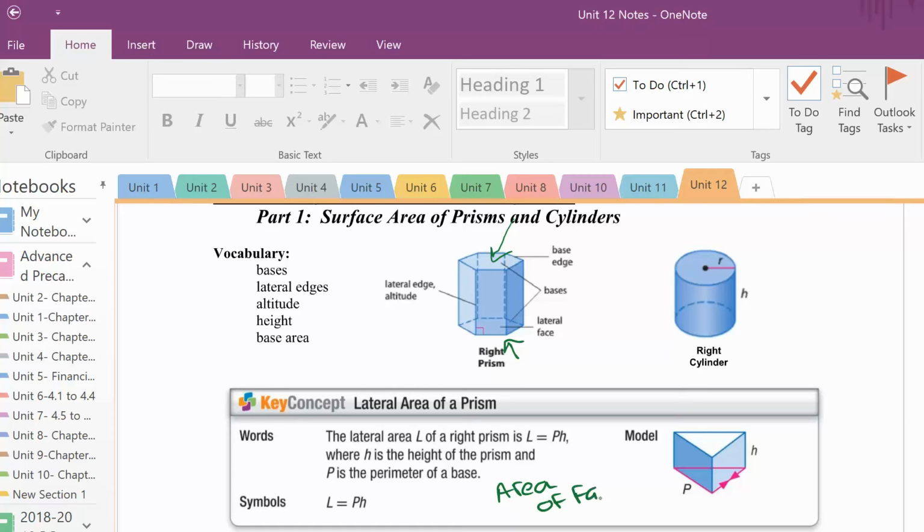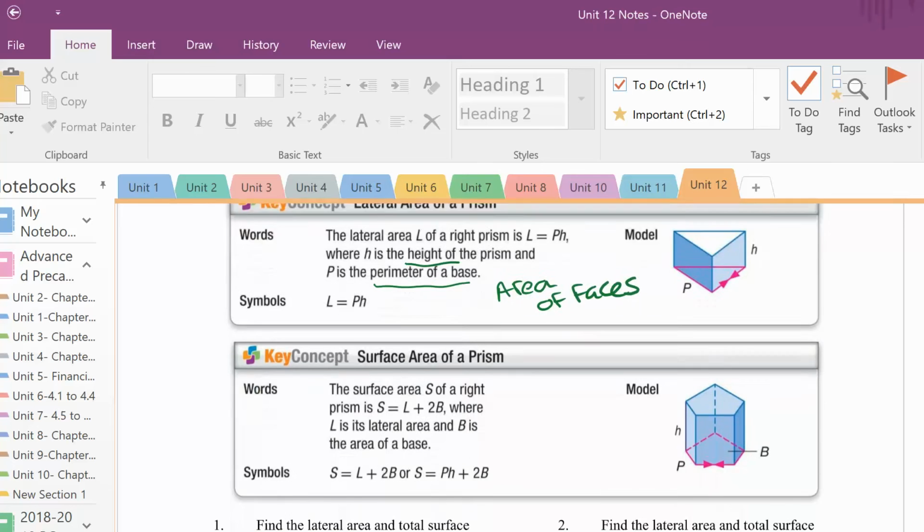To find the area of the faces, you take the perimeter of the base and multiply it by the height of the prism. So perimeter of the base times the height of the prism. In a prism, the height of the face is the length of one of these rectangles.